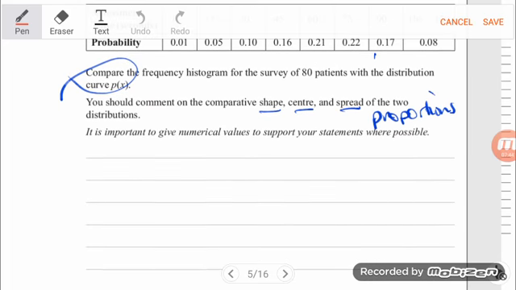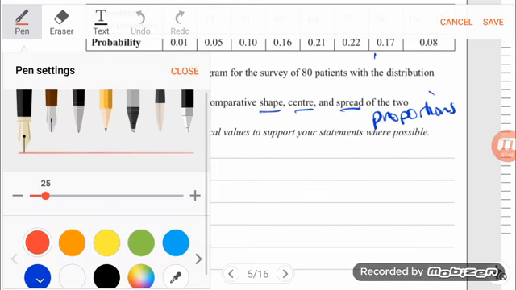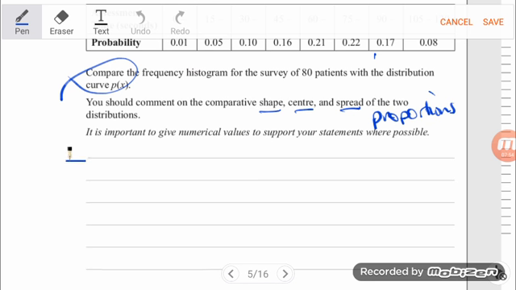So for our shape, let's use... So we've got shape.